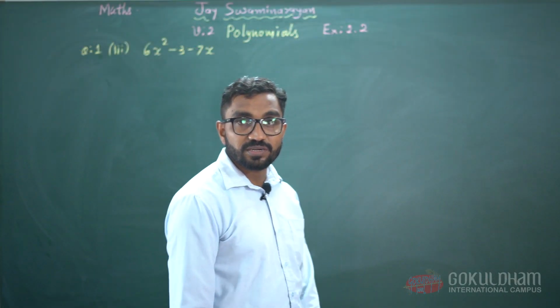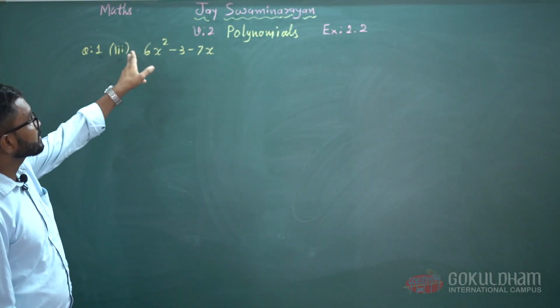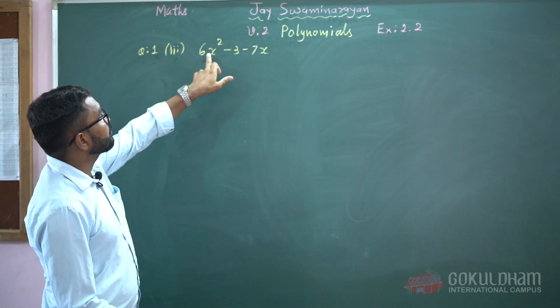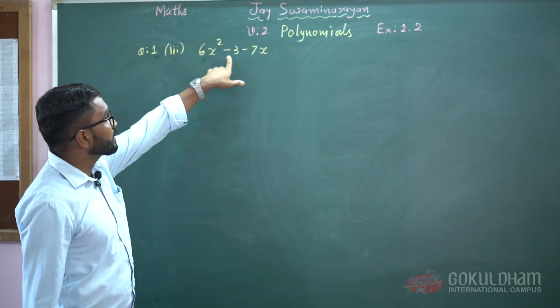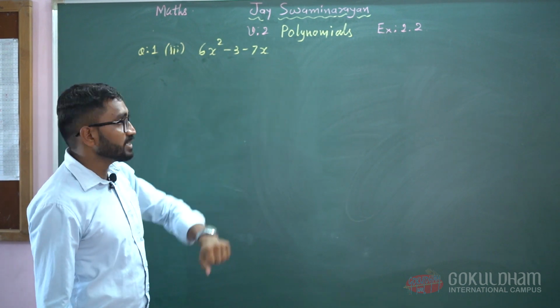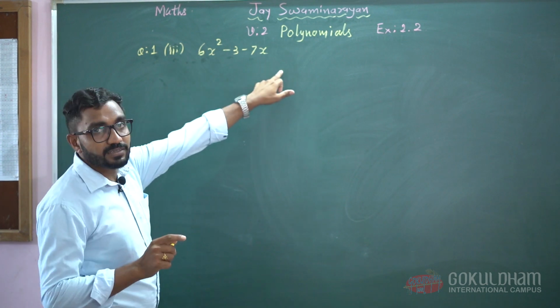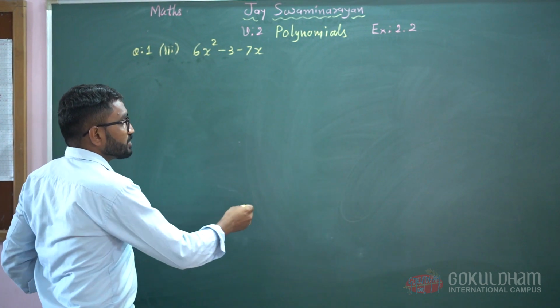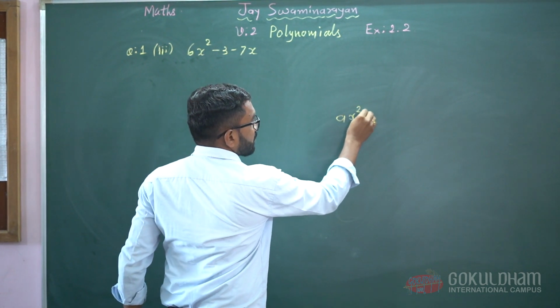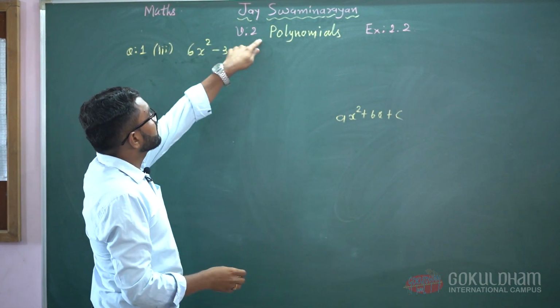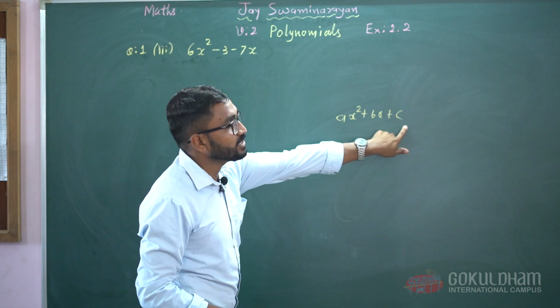So our second example is complete. Now our question number 3. In question number 3, our polynomial is given in terms of x: 6x square minus 3 minus 7x. First of all, our first step is to arrange the terms in general form, like ax square plus bx plus c.